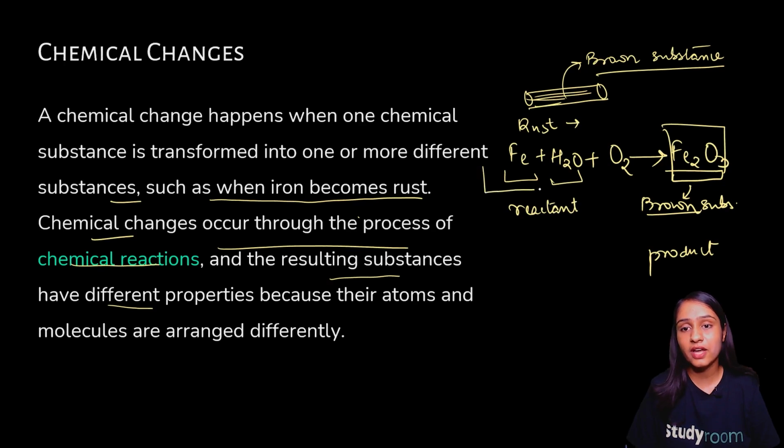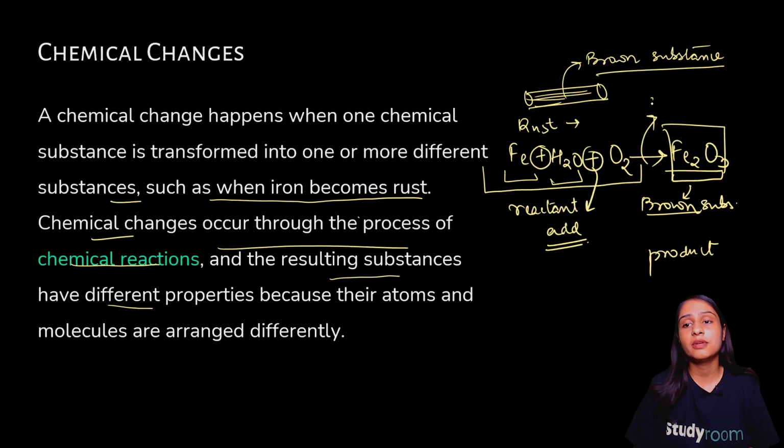Reactant comprises the atoms and molecules that combine together to change into a product. And what do you mean by this plus sign? This plus means that different atoms are combined together. And this arrow signifies that the chemical reaction took place.